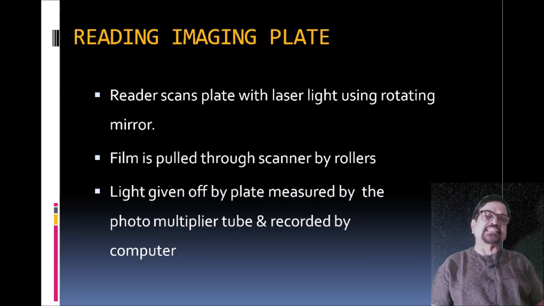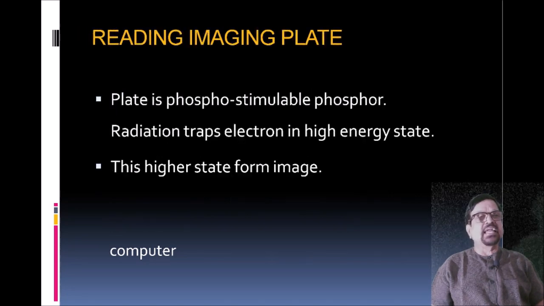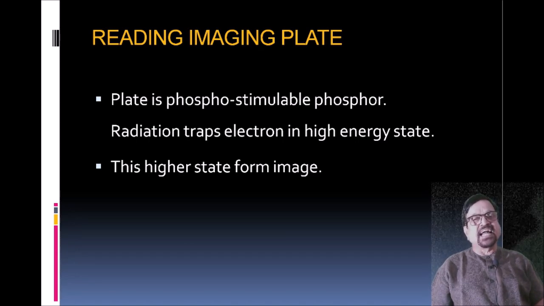In this process, as I said, the light is given off by the plate and it is measured by the photomultiplier tube and recorded by a computer. This makes up the first half of the cycle. Second is to clean the plate, that is, it is exposed to bright light inside the machine, and the plate is made reusable again.